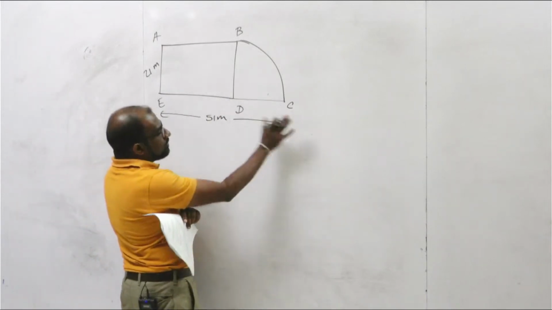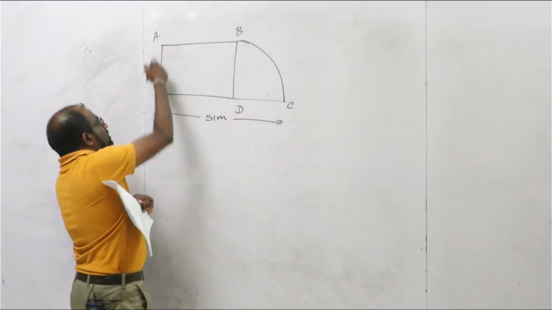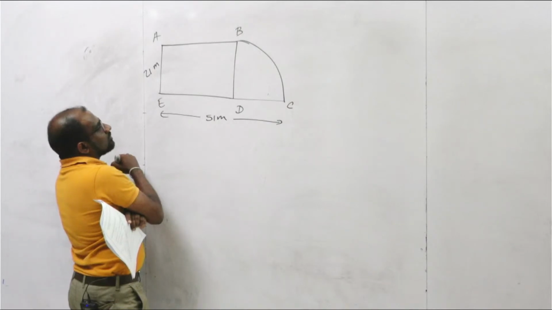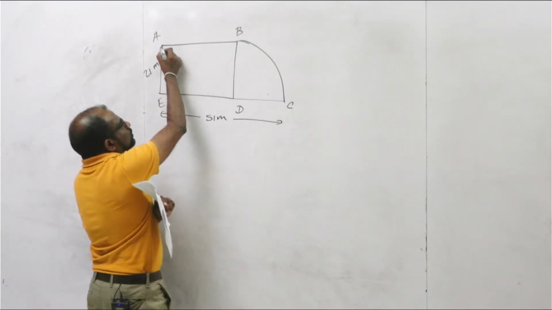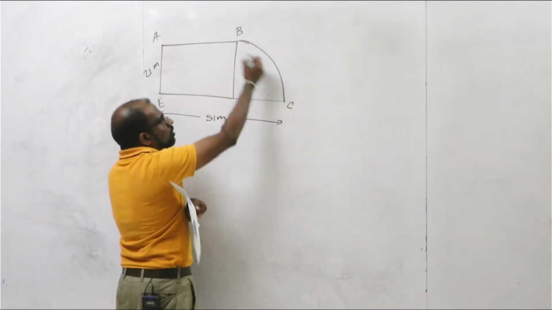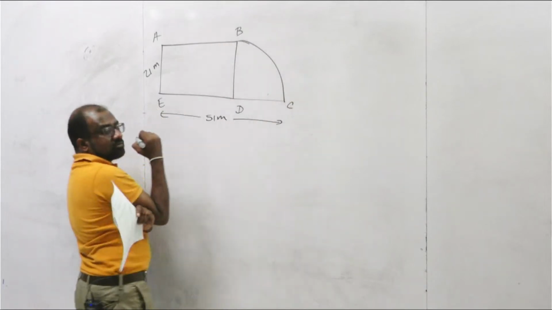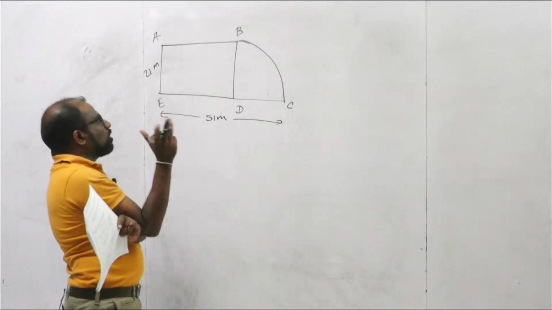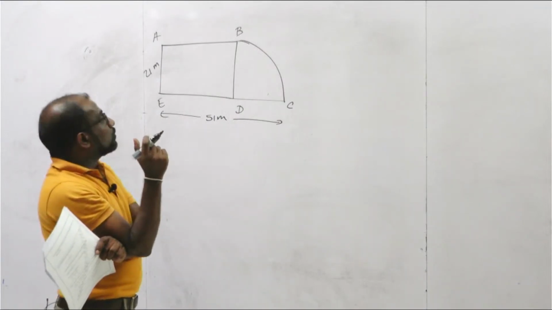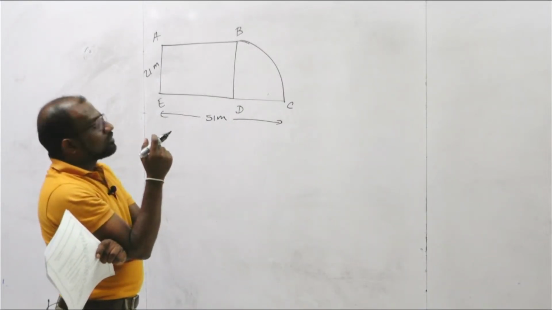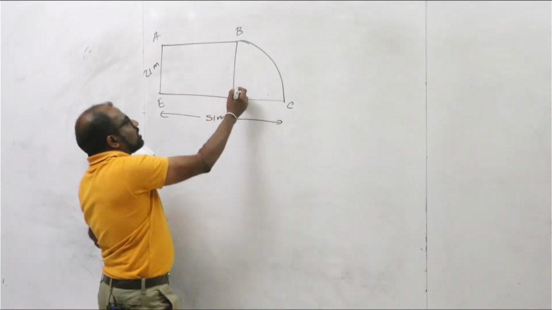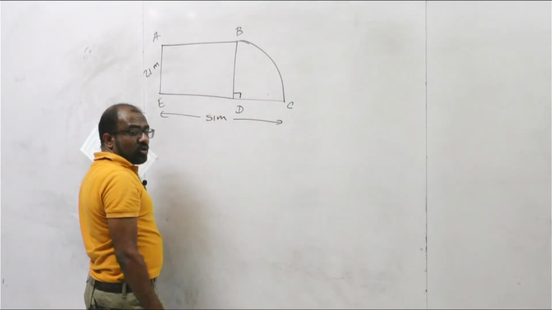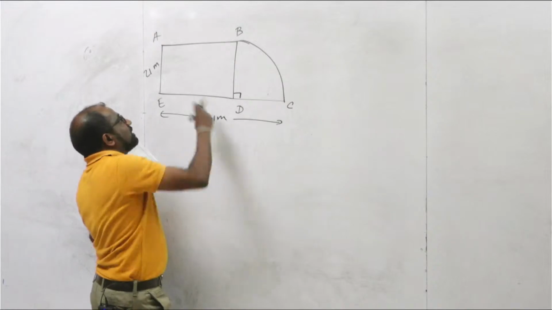EC total length is 51, that you know. This side is 21. Then you should know the length of AB and also this arc BC. To find both, you need to find the radius of this quarter circle. So what is the radius?